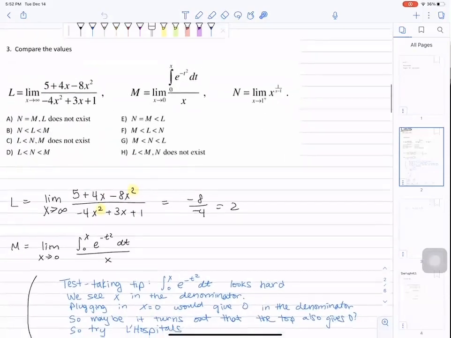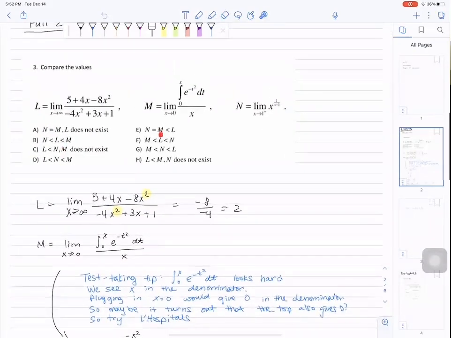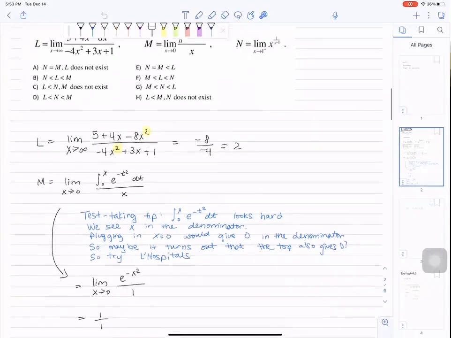Well, this is why this was multiple choice: you are not expected to know how to do this integral. But think about this limit as x goes to 0. What's the first thing you think of when you see a limit? You plug in what your x is going to. If you plug in x equals 0, in the denominator you get 0. That's already a caution sign. So let's assume this top thing will also give you 0, because then plugging it in gives 0 over 0, an indeterminate form, so you have to use L'Hopital's rule.